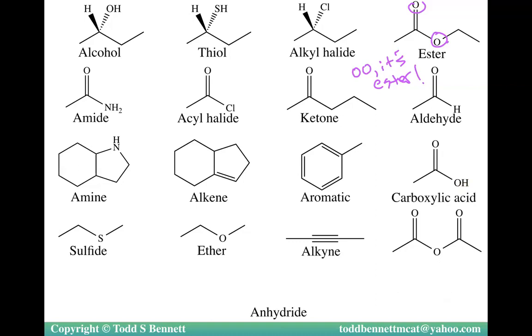Only one left, anhydride. It gets its name for the following reason. This is going to be one of the shortcuts that we'll do this semester. But if I were to cleave this bond right here, I could add water, OH and H, and result in this structure.